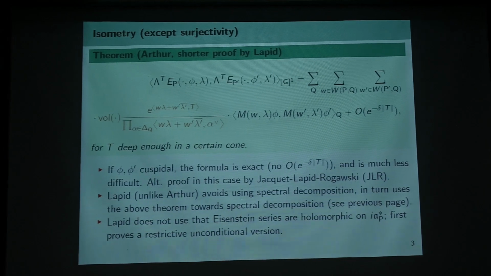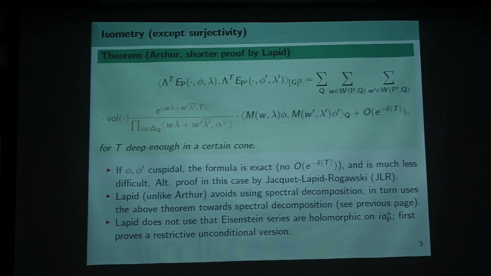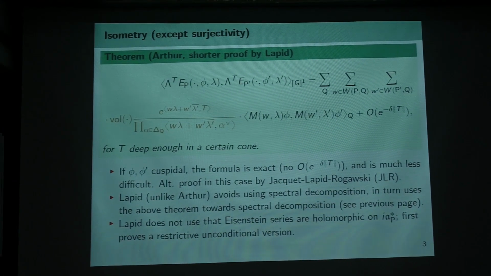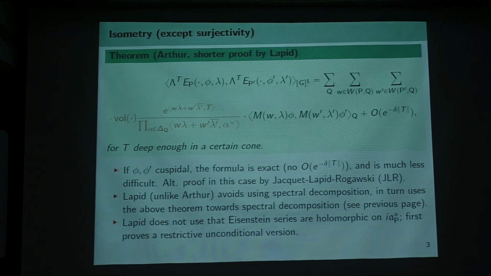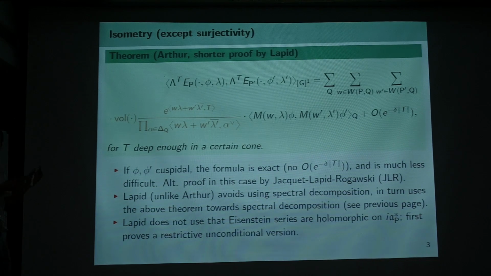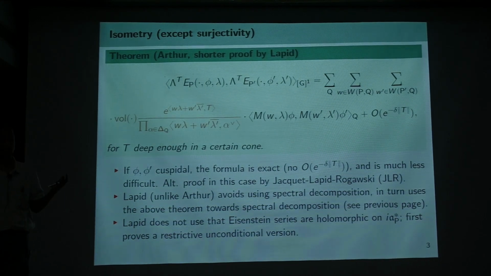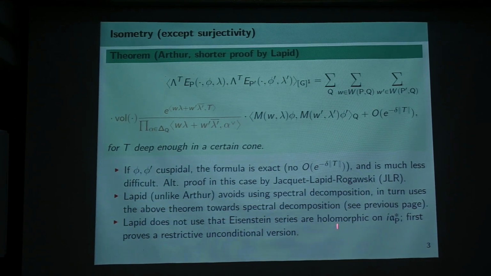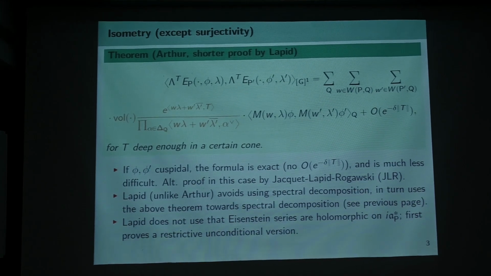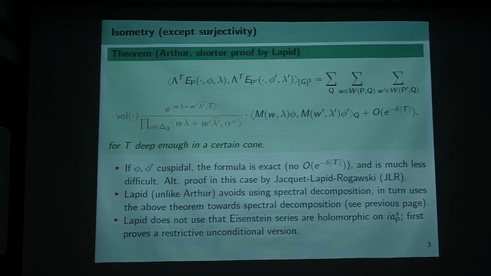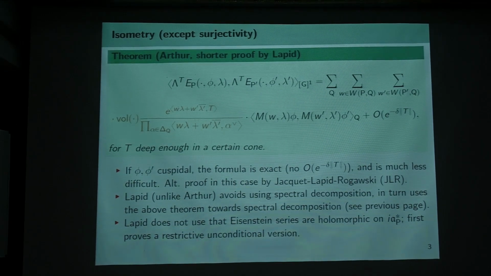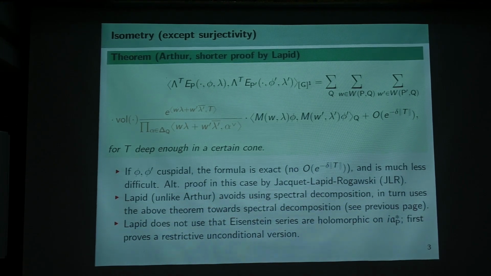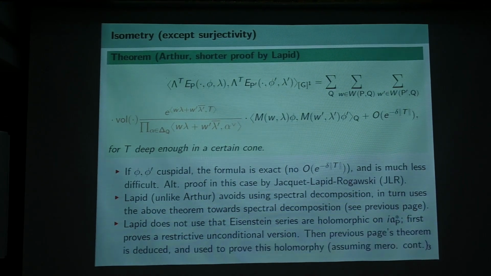He uses this theorem to prove the previous page's theorem, and once he gets that, he can go back and prove that Eisenstein series are actually holomorphic on the imaginary axis. Bernstein and Lapid only prove the meromorphic continuation of the Eisenstein series. The fact that they are holomorphic on the imaginary axis is not proved by them, but Lapid deduces it. This is in Lapid's article in Shahidi's 60th birthday conference. That's where you can find it. It's there on the Einstein Institute web page.